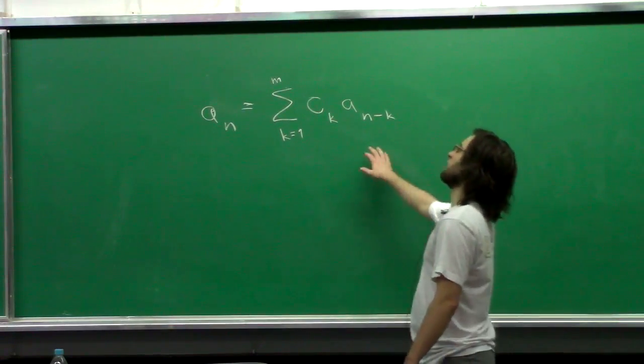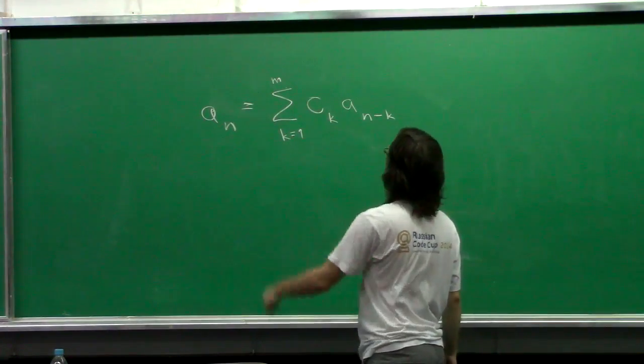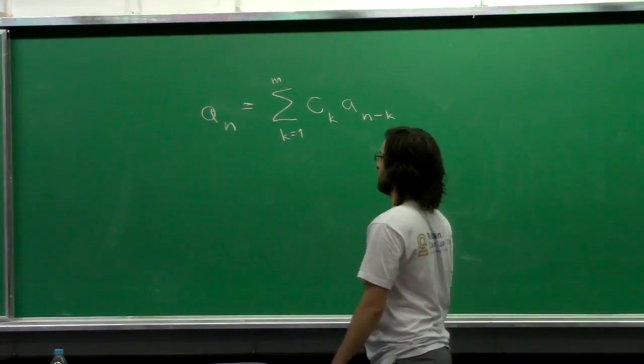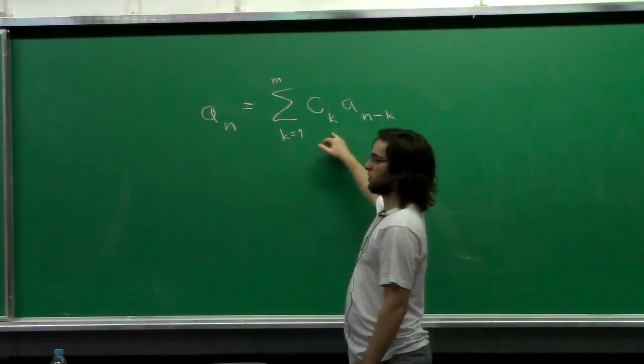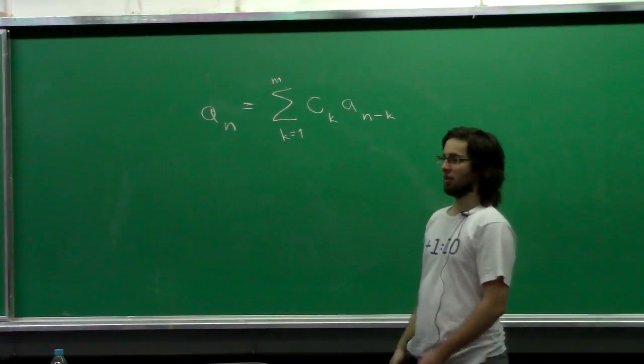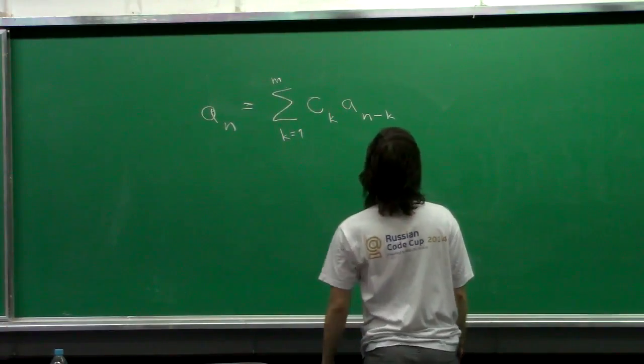This is basically the same thing, except there possibly there could have been many more coefficients, and here we are interested in recurrences where m is sufficiently small.